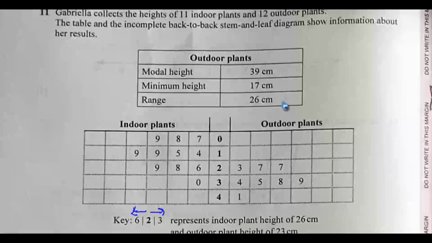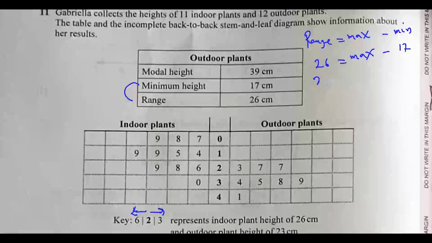So from this we can get the highest number, making use of minimum height and the range here. So let's write something here. So the range is equals to the maximum. So let's say max for the maximum, then minus min for the minimum height. Okay, so the range is 26. The max we don't know, let's put the max there, then minus the minimum. So the minimum height is 17.